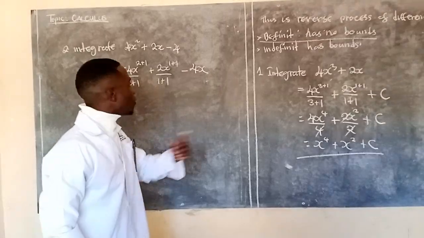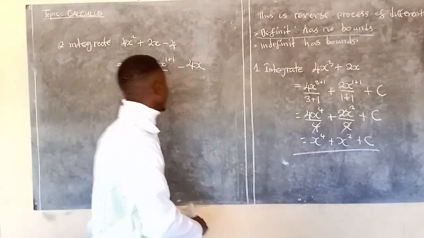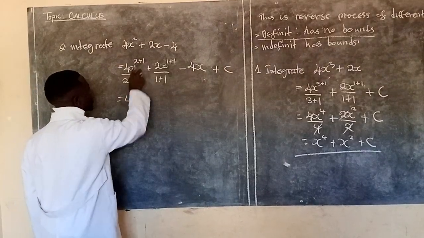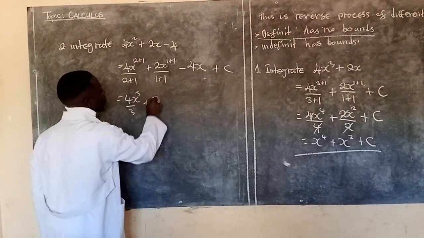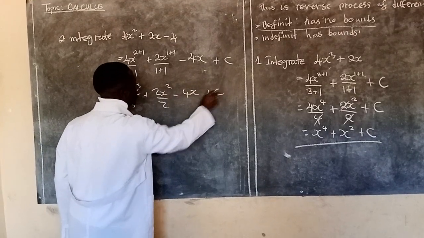But because we have added this x here, we do not need to put 1 plus 1. So from there we say plus c, therefore we have 4x cubed over 3, plus 2x squared over 2, minus 4x plus c.